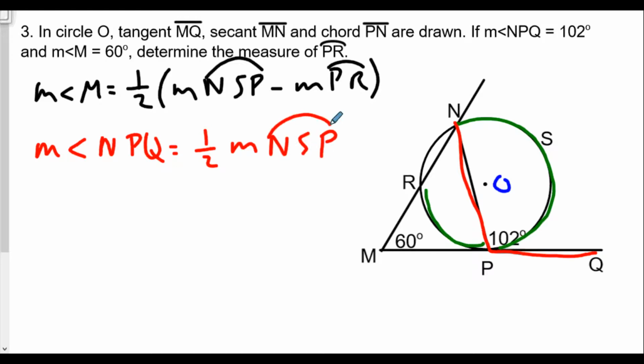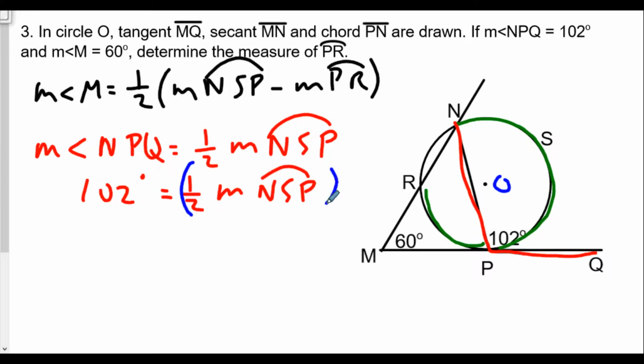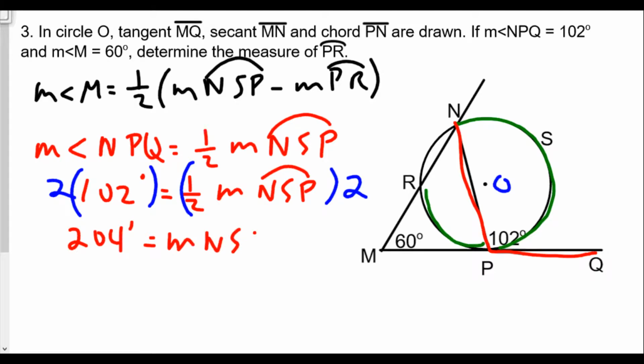Well, we know measure of angle NPQ is 102 degrees, and that's equal to 1/2 of the measure of arc NSP. Well, that means if we multiply both sides by 2, we're going to get 204 degrees equals the measure of arc NSP.